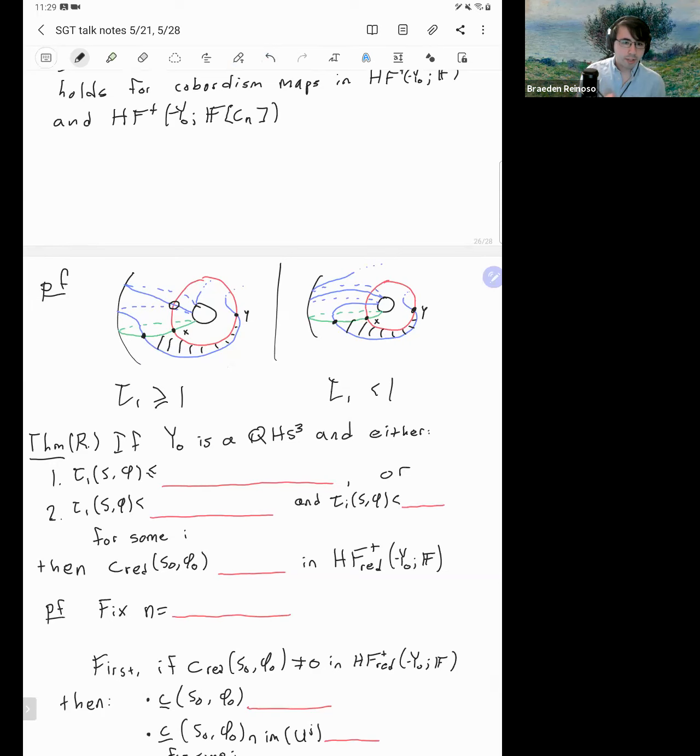If that's the only triangle that you have, then that's good, because it tells you that your generator X, which generates your contact class for your capped off open book, is going to go to your generator Y, which generates your contact class for your uncapped off open book. And on the right side here, you can see that there are no other triangles.